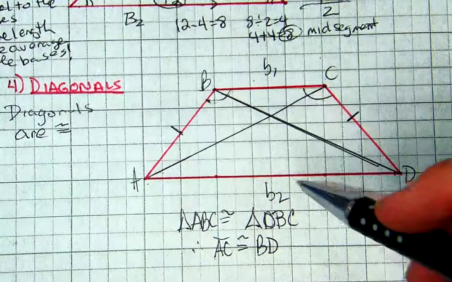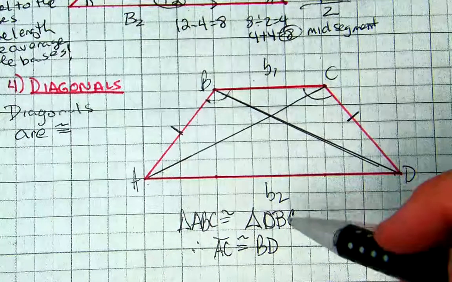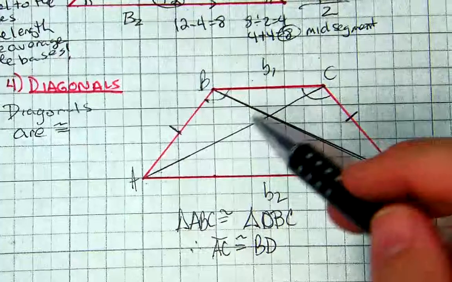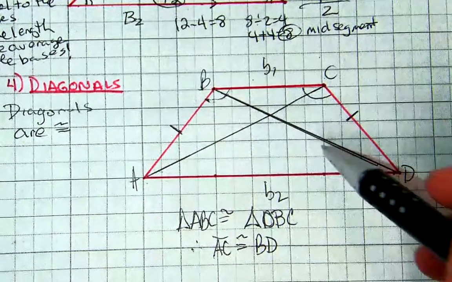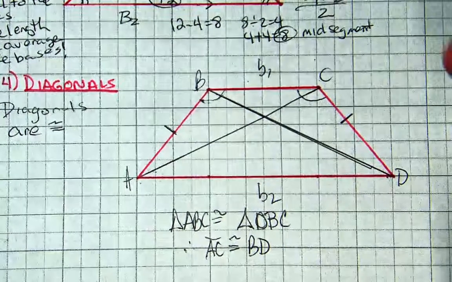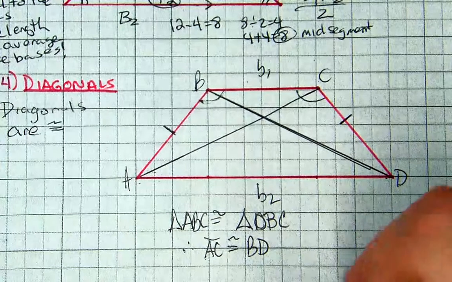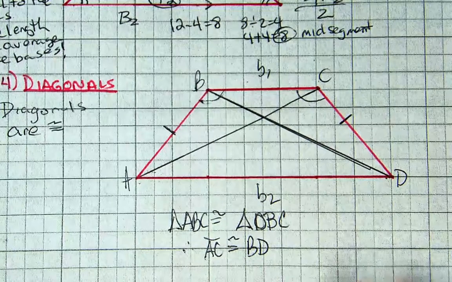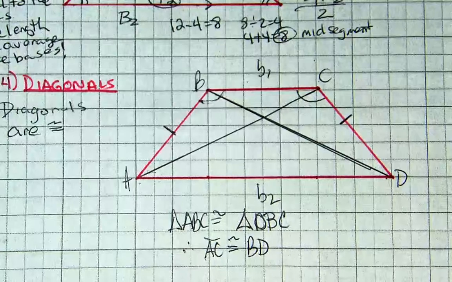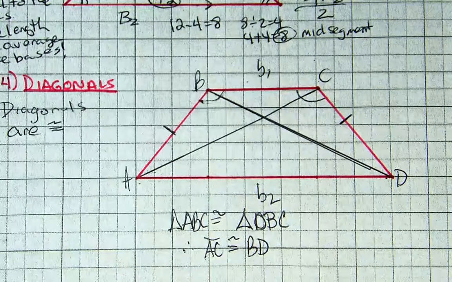So in order to prove that those diagonals are congruent, we have to prove that two triangles are congruent, and those two triangles just happen to have diagonals as one of the sides, and those are corresponding sides. So that's what you want to know about your diagonals, and that is really all you want to know about your trapezoids.